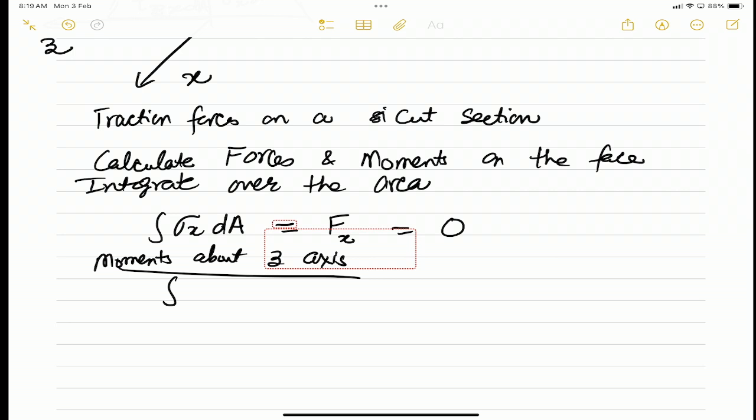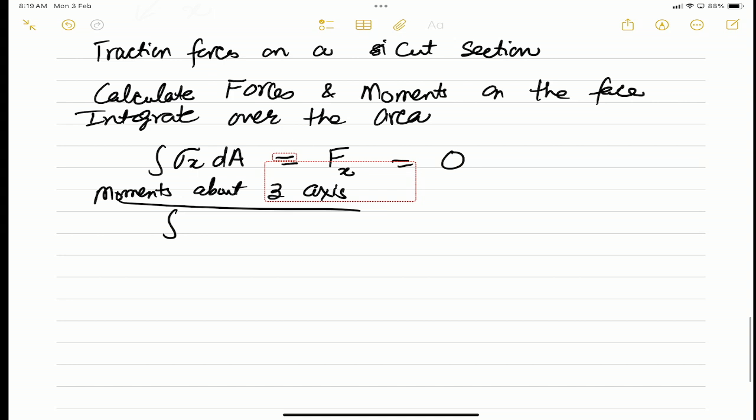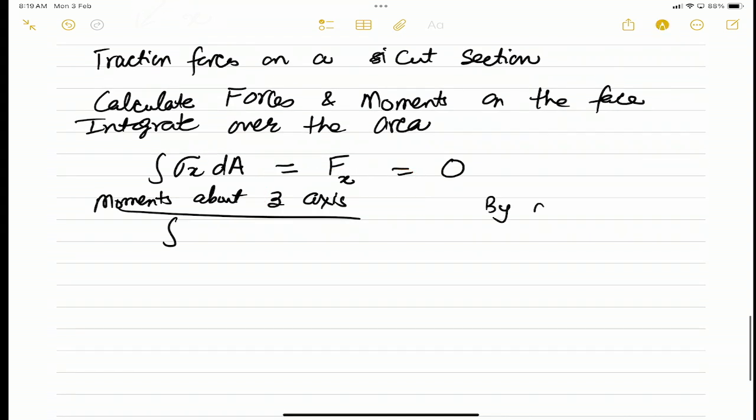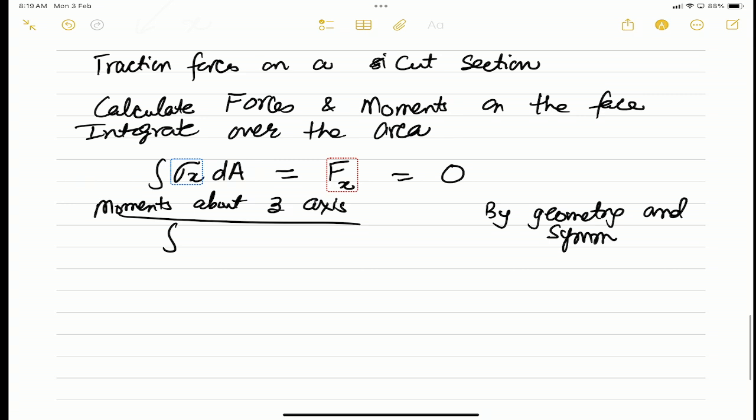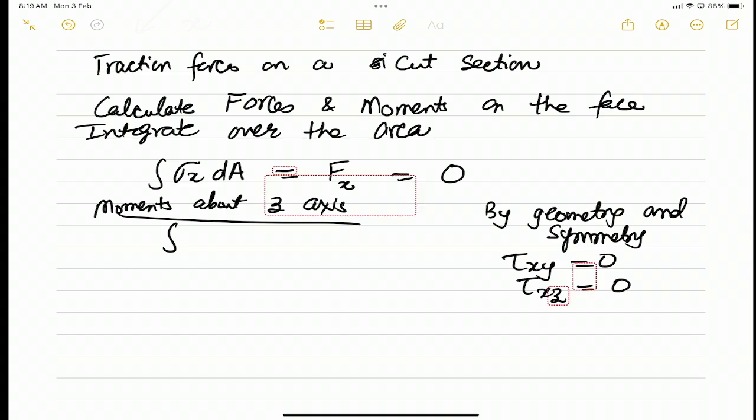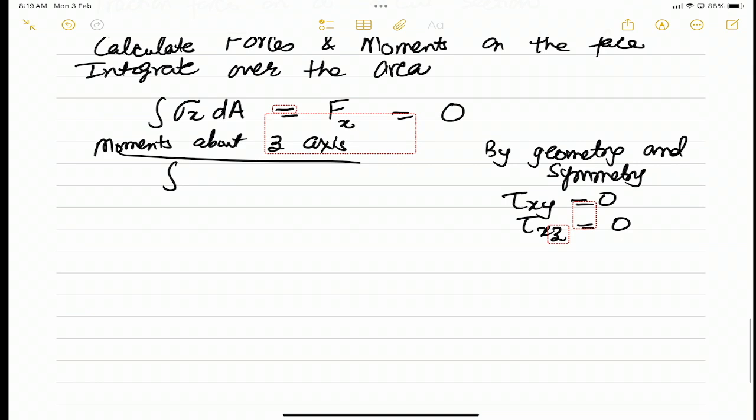By symmetry and geometry, tau xy and tau xz are 0. And this I will show in a minute. These two things will be 0.